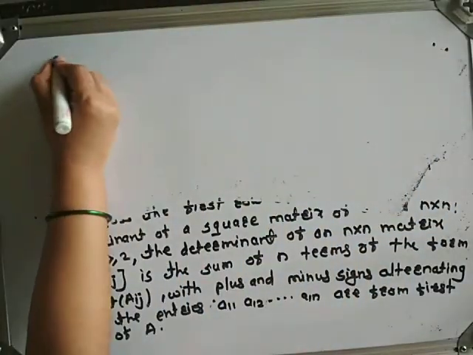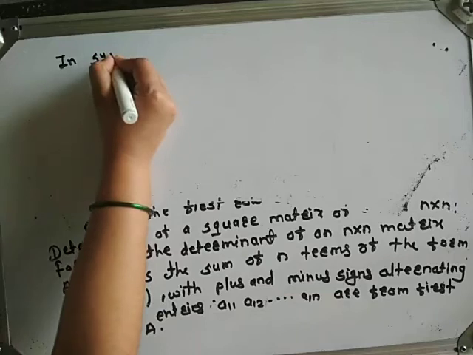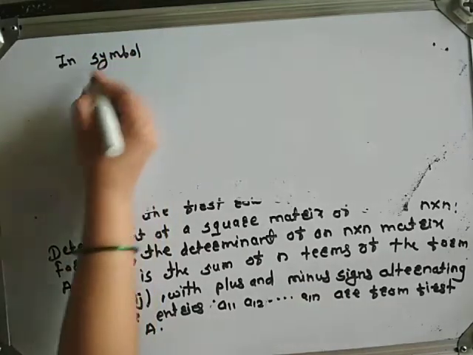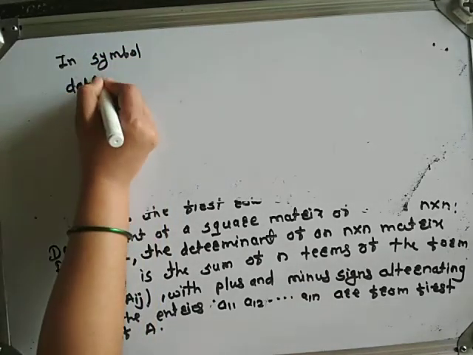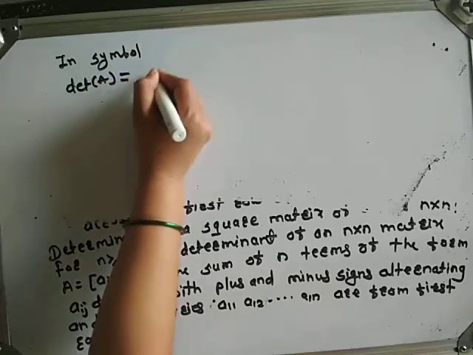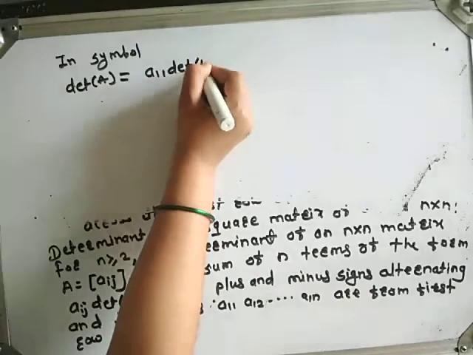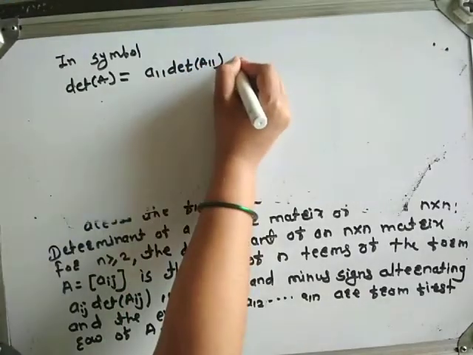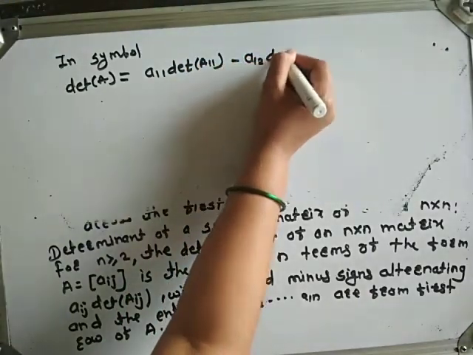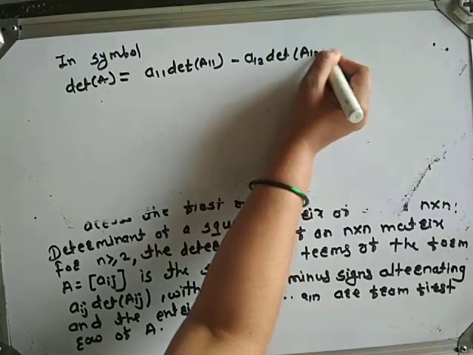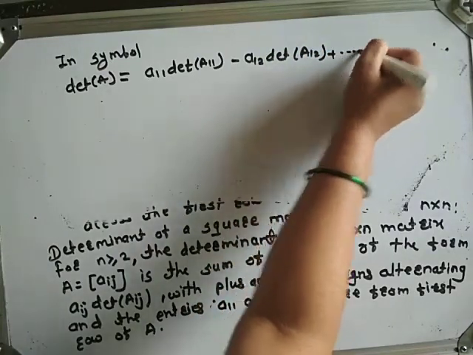In symbols, the determinant of A across the first row is equal to A11 into determinant of A11, minus A12 into determinant of A12, plus and so on.